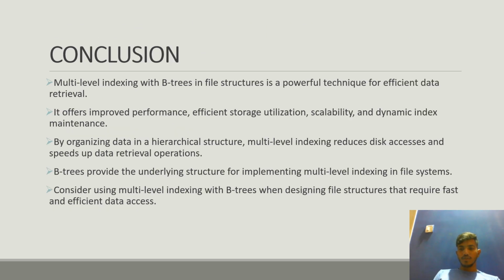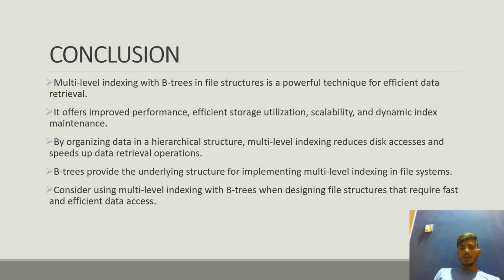We have reached the conclusion of this section. Multi-level indexing with B-tree in a file structure is a powerful technique for faster and effective data retrieval. It offers improved performance, effective storage utilization, scalability, and dynamic index maintenance.